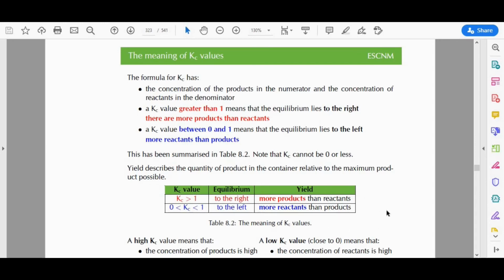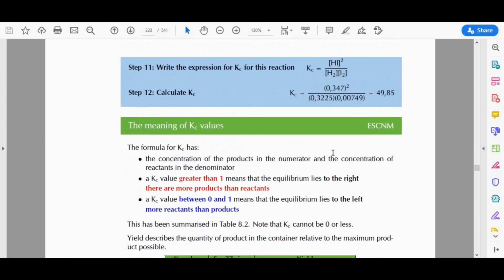This is very, very important to remember, because they can also ask you what you can deduce or conclude from the Kc value that you just calculated. In the example above, we found the Kc value was 49.85.